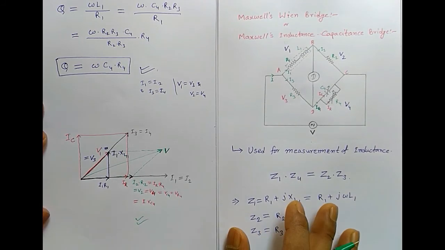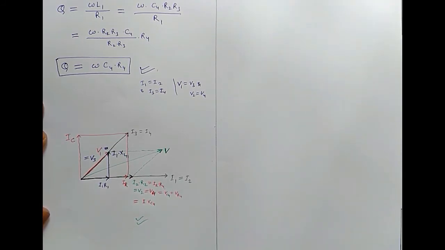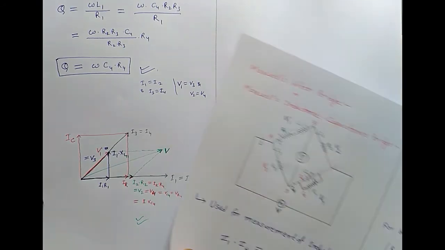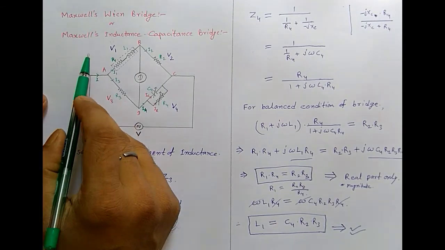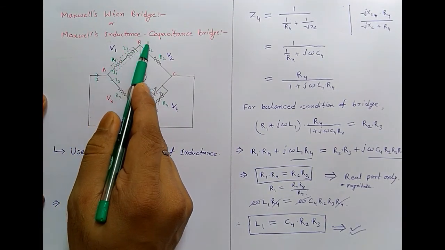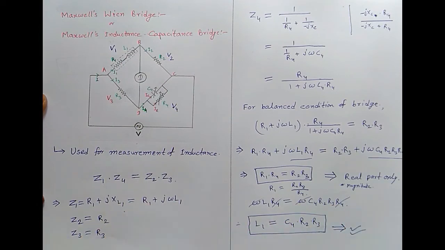Now, a recap of today's class. In this class we have discussed Maxwell's Wien bridge, or Maxwell's inductance capacitance bridge, where we discussed how to find the resistance of the unknown real inductor, that is R1, and the method to find the inductance of that unknown inductor.